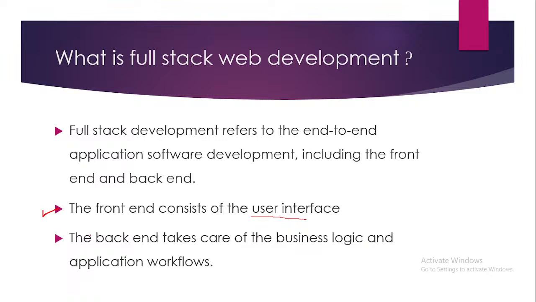And the second part is the back-end application, where the business logic is developed, where the processing of the user request is done. That is called a backend. So full stack consists of developing backend as well as front-end applications. So it is called full stack web development.